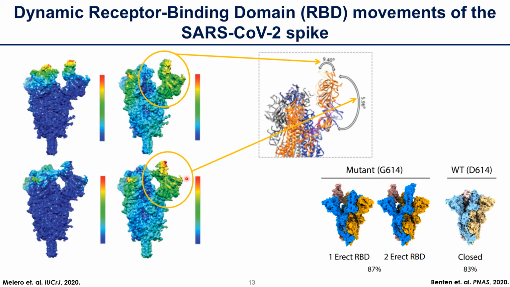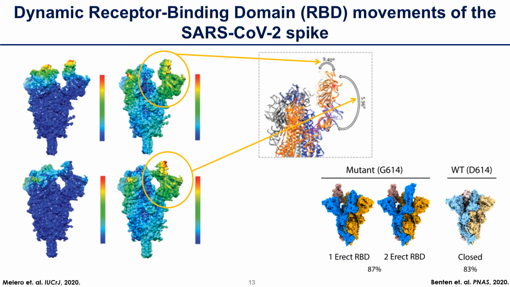Now here again, for the SARS-CoV-2 spike as well, it was shown that the RBD is dynamic. This nature is not just reserved to the MERS-CoV spike. It is also carried forward to the SARS-CoV-2 spike, which emerged later. So as you can see here again, one of the receptor binding domains is in open conformation, and this shows two different angles at which the RBD is positioned.